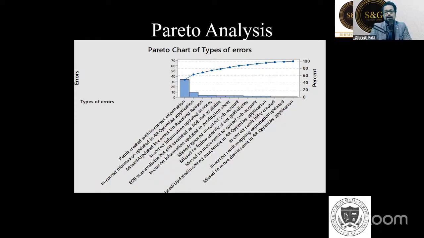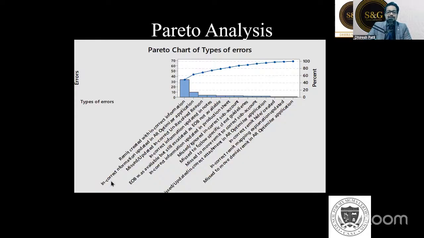For example, this is the Pareto chart, which is showing that remit created with incorrect information was the biggest contribution, almost 33%, contributed because of incorrect remit creation. Some wrong information being fed.